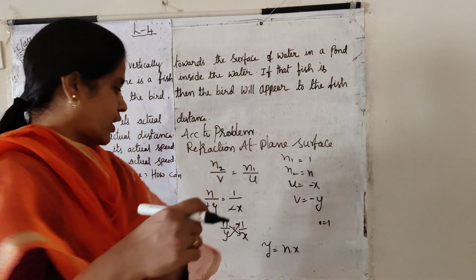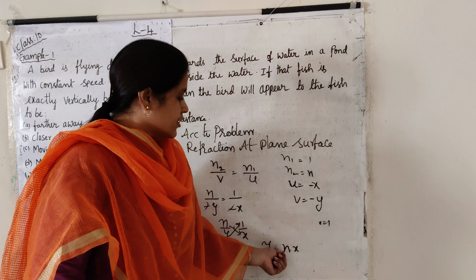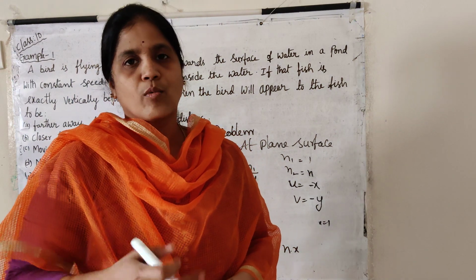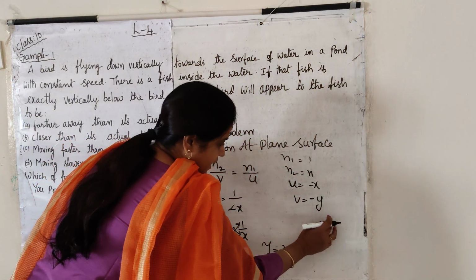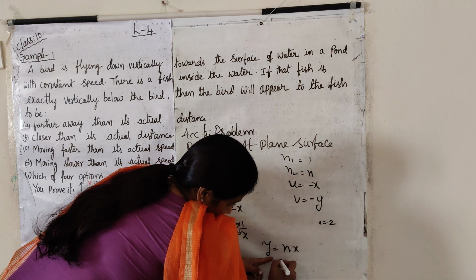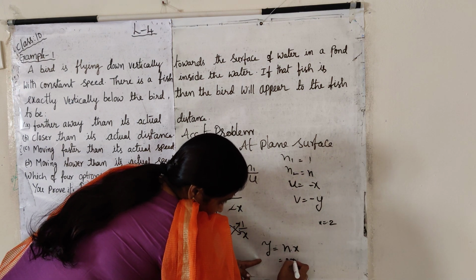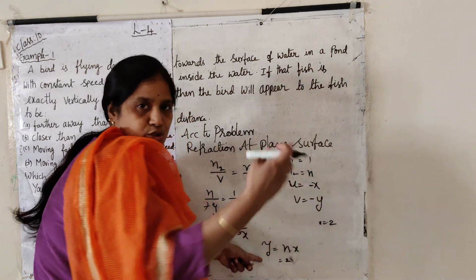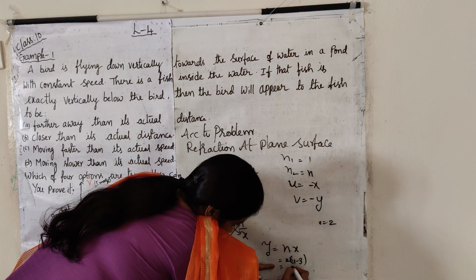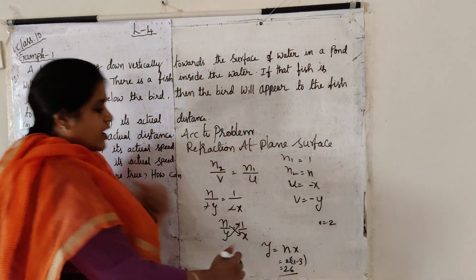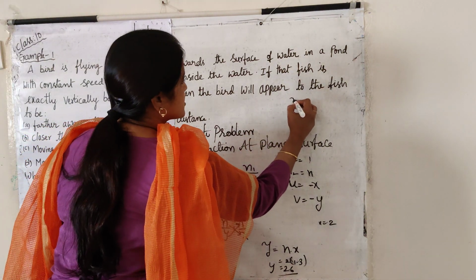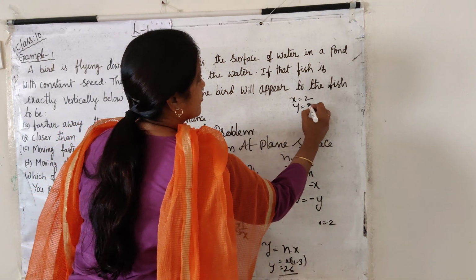If you take x equals 2 and n as 1.3, then you get 2.6. So if x equals 2, we got the y value as 2.6.